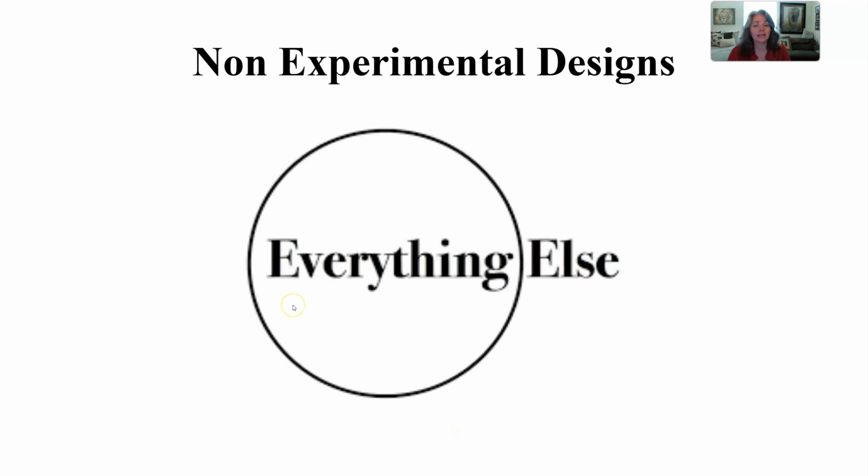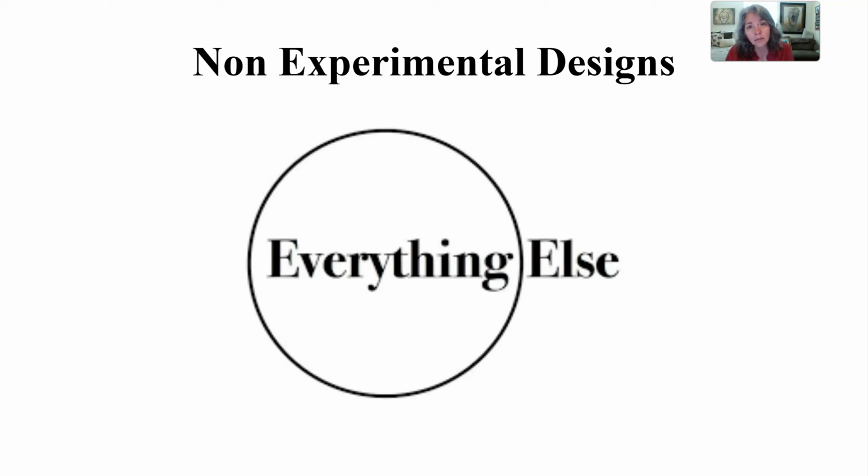So anything that does not adhere to that rigid design is a non-experimental design. So effectively everything else, everything that does not involve control, manipulation and random assignment is a non-experimental study. Some people might call some studies quasi-experimental, but they're still officially non-experimental.